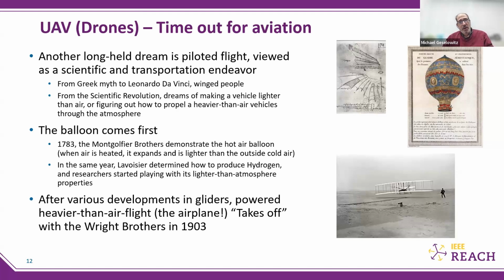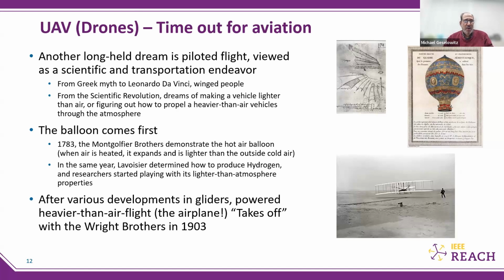Now, the other piece that people realize when you have understanding, Lavoisier, those of you who are science teachers, isolating oxygen, the element oxygen, and so forth, is, well, what if we can make a vehicle lighter than air? Then we wouldn't have to propel something heavier than air through the air. It would float. Obviously Archimedes understood the principle of flotation, but once they really understood this, they realized that was a possibility.